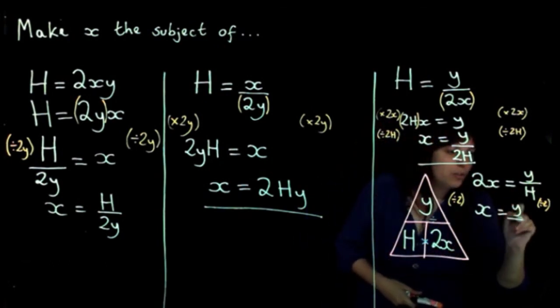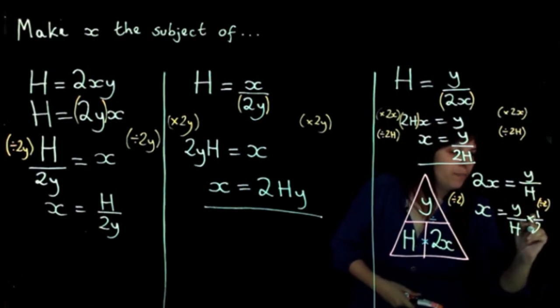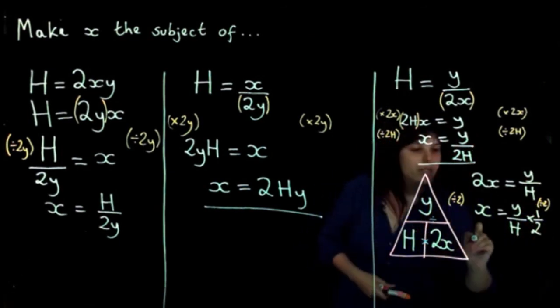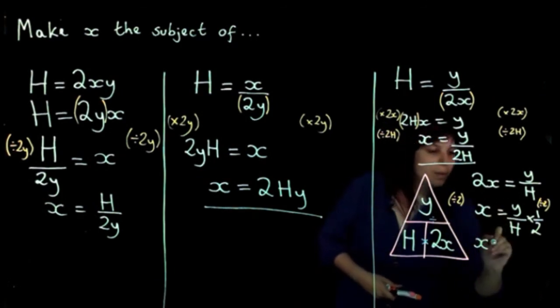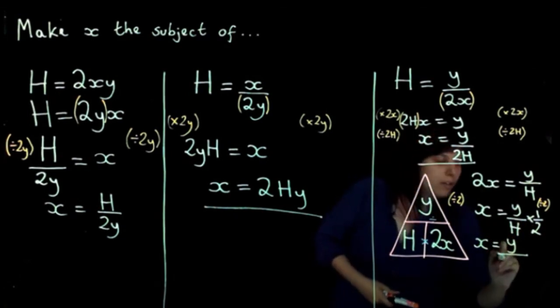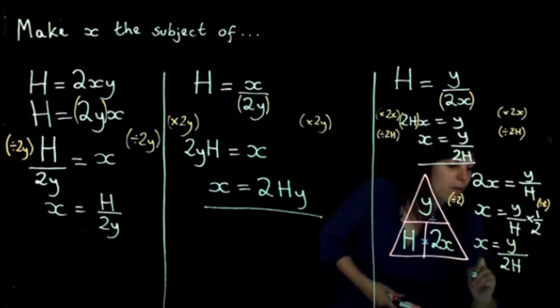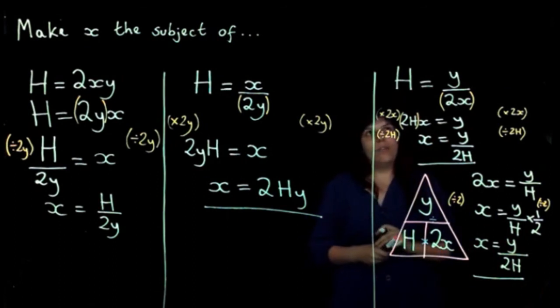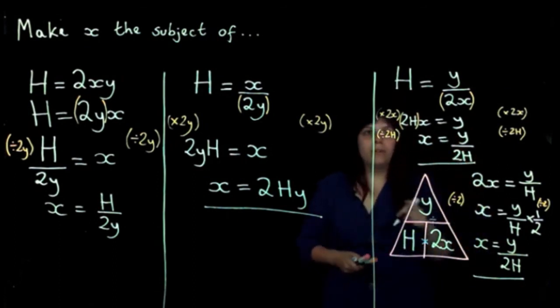So it's much better for me if I write it that way. Multiply it by a half. And then I'm going to do numerator multiplied by the numerator, which is y, and denominator multiplied by the denominator, which is 2h. So I get my rearranged formula, and it's the same as my original answer.